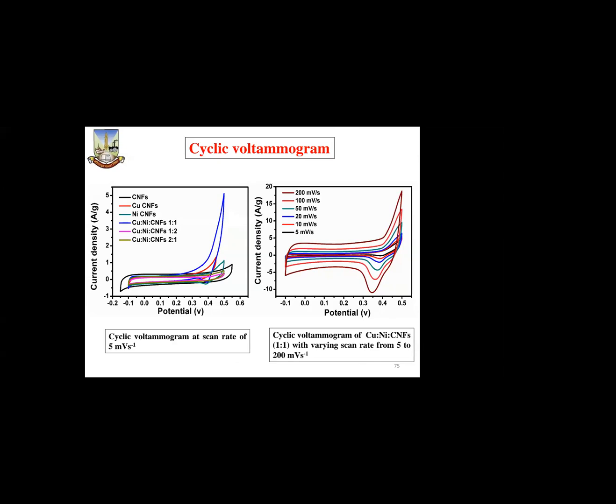If you look into the cyclic voltammetry at a scan rate of 5 millivolt per second, this copper nickel at 1:1 shows maximum current flow. If we look into this loop, here again at 20 millivolt per second, copper nickel carbon nanofiber at 1:1 is shown, with varying scan rate from 5 to 200 millivolt per second.